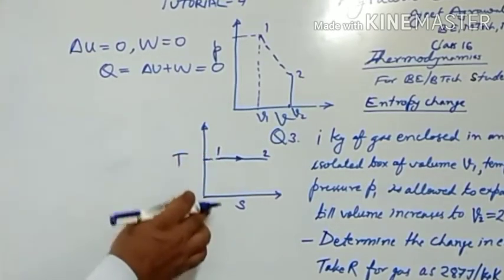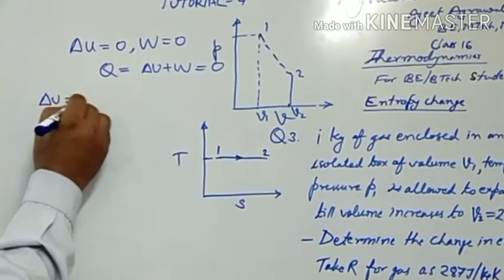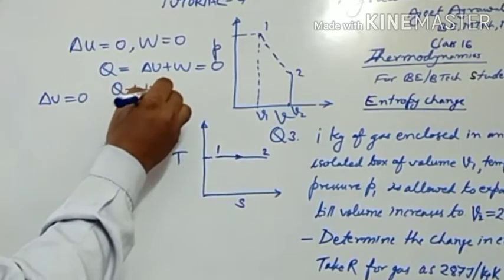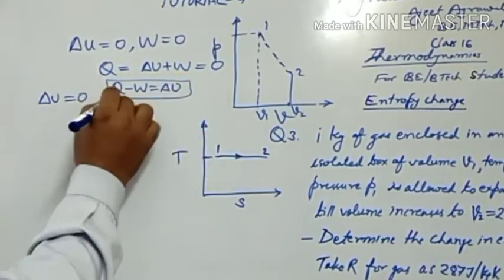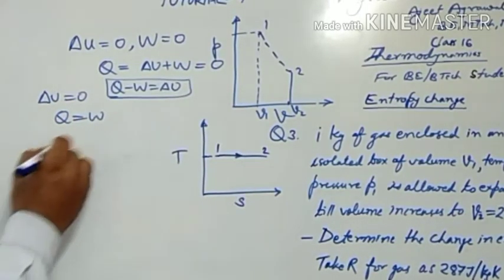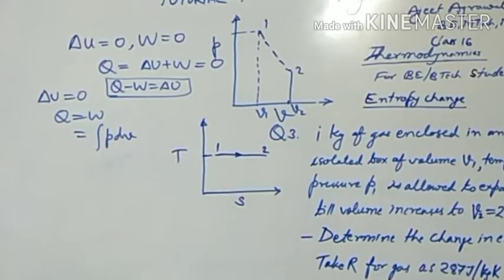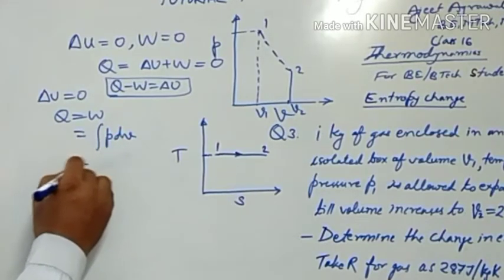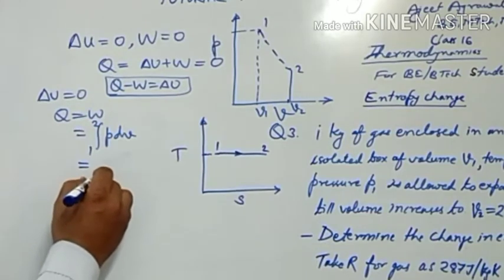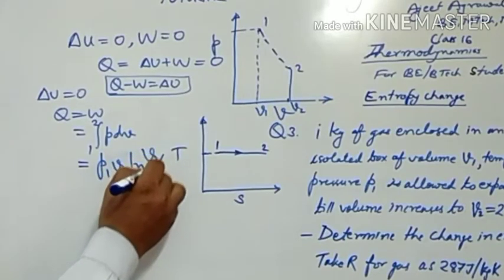Applying the first law of thermodynamics to this isothermal process, delta U is 0. So Q minus W equals delta U, so Q is equal to W. And we know that W is given as integral of PdV for a closed system, which from 1 to 2 gives the work done as P1 V1 log of V2 by V1.